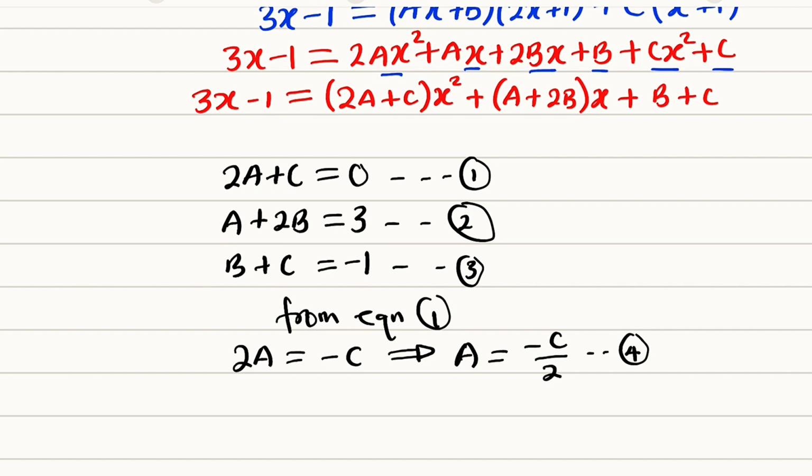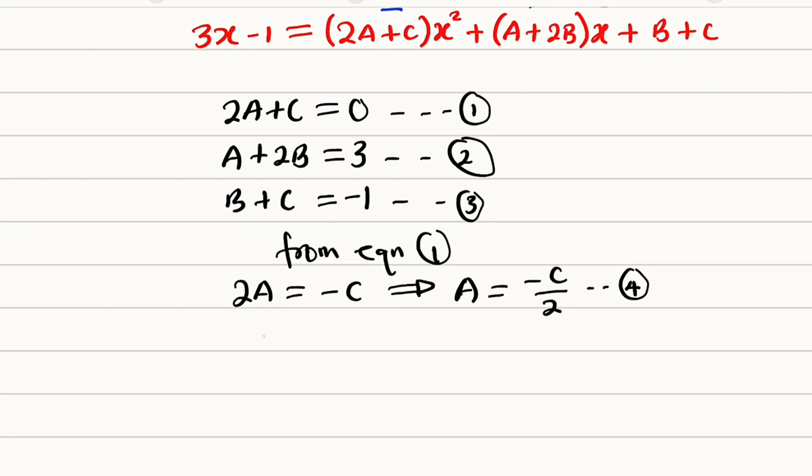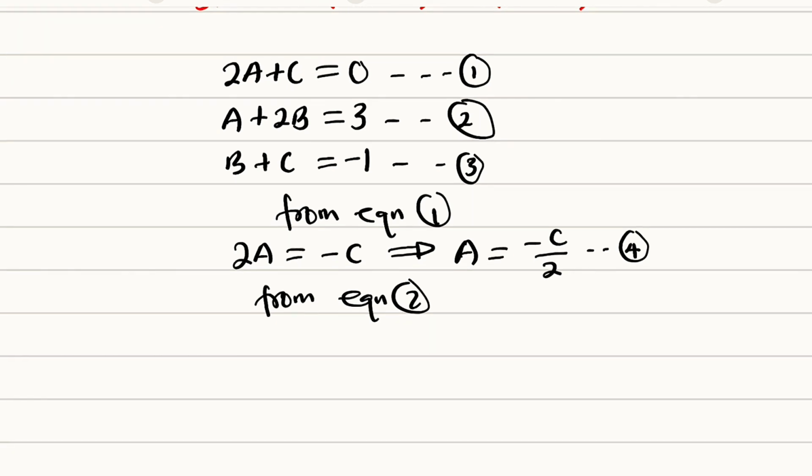Now we can plug equation 4 into equation 2 because we have a here and a is equal to -c divided by 2. So from equation 2, instead of a, we can write -c divided by 2, then plus the second term, which is 2b, and to the right we have 3.